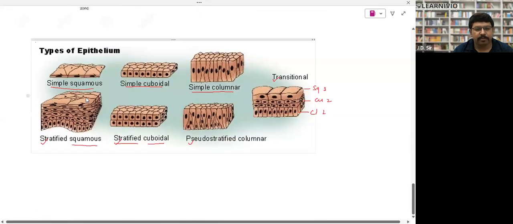Again, the types of epithelium: simple squamous, simple cuboidal, simple columnar. Then stratified means made up of multiple layers. Transitional is also made up of multiple layers.